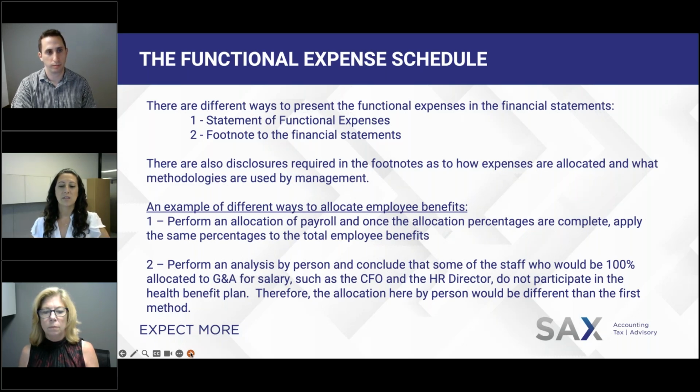So therefore, they do the allocation here by person, which would then yield a different percentage than the first method where you used your salaries as a basis for allocating your benefits. So I think this is a really good example here to show you how there can be different methodologies from organization to organization, and it's really just management's estimate and their methodology of how they're going to allocate expenses for the organization.